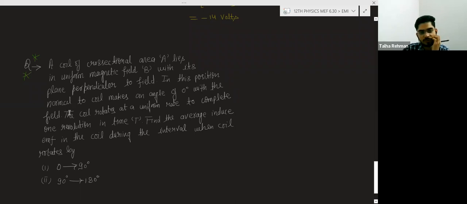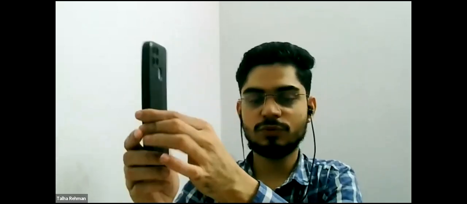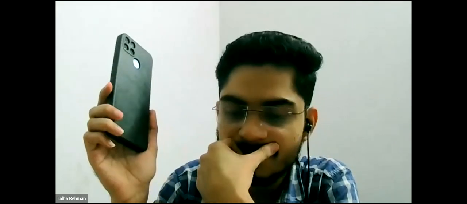After that, the coil rotates at a uniform rate to complete one revolution in time t. So what is happening in this question? Try to think of the question practically. Suppose this is your coil, with its plane perpendicular to the field.